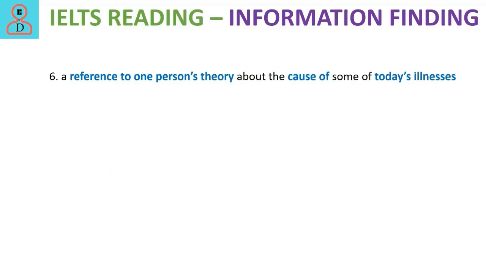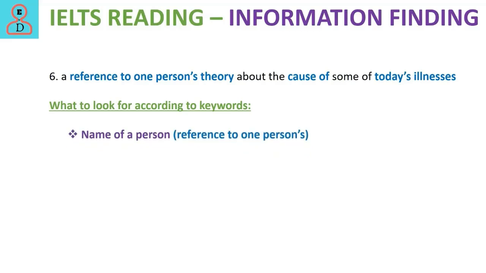The next statement is the classic example of an information finding statement related to a person. Remember our key rules in the beginning? Since the phrase reference to one person is mentioned in the statement, we have to look for some person's name in the paragraph.